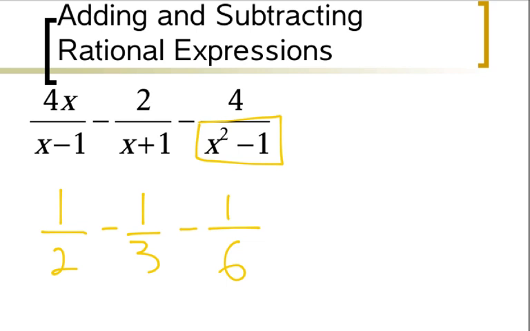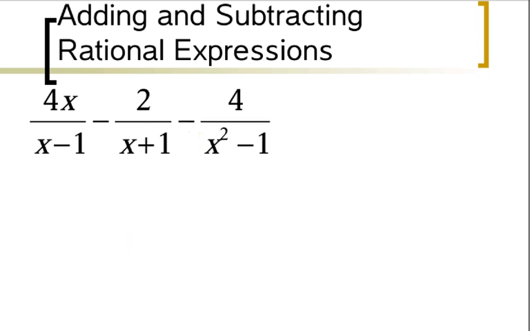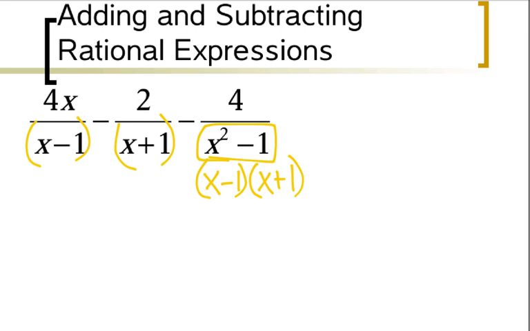So if you had this, you would have to multiply this one by 3 top and bottom, multiply this one by 2 top and bottom, and then they all have a denominator of 6, and then you would combine your like terms. Well, that's exactly the situation I have here, but with parentheses. Okay? This x squared minus 1 is actually x minus 1 times x plus 1, because we have the difference of squares.